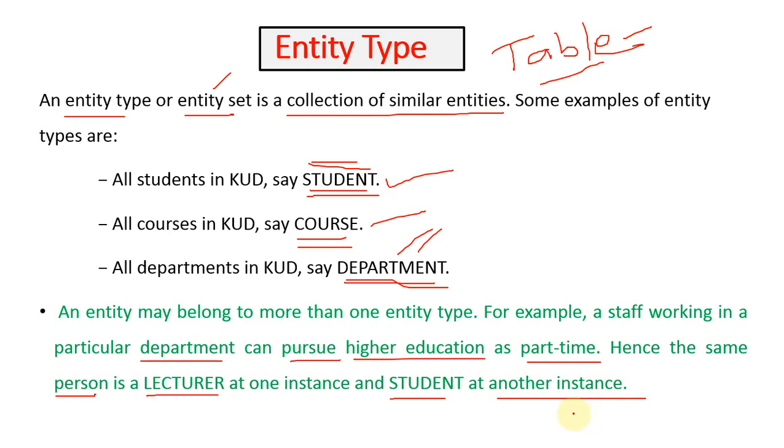In that particular university he is a student, but in this college the person is a lecturer. At the same time, the same entity belongs to different entity types. In the lecturer entity type or table, one particular person ABC is a lecturer. In another university table, he is a student.